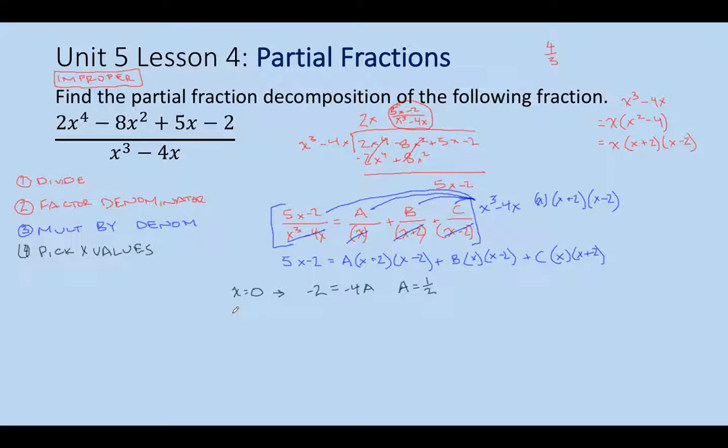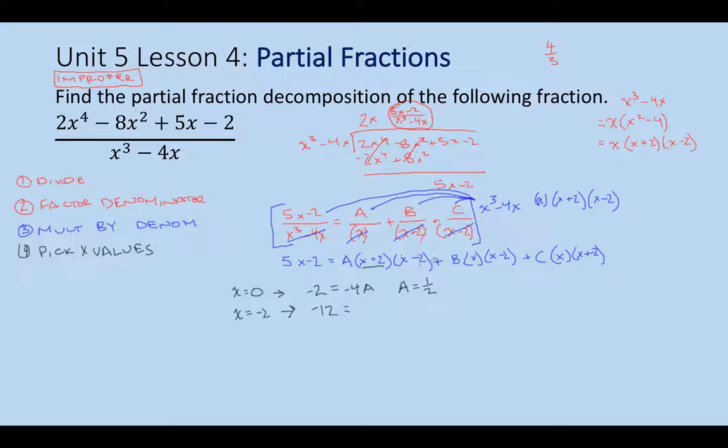Now I need to find another one. Let's go ahead and try x equals, sorry, positive 2. No, let's do negative 2. Negative 2 will work here. So what happens when I plug in negative 2? Well, I get 5 times negative 2, which is negative 10. Minus 2 is negative 12. And then as I plug in negative 2, notice this term right here, I get negative 2 plus 2, it's 0.